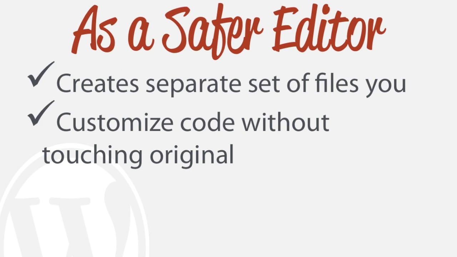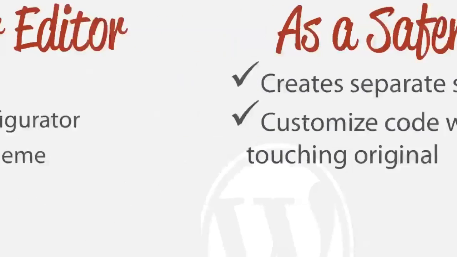Like I mentioned before, if you update your original theme, your changes will stay if you use a child theme. And also, if you make some type of mistake in your child theme code, it's not going to affect the original. So if you wanted to revert back to the original theme, you could do that, right? It's a kind of safety check as well as an easier method for editing the code.